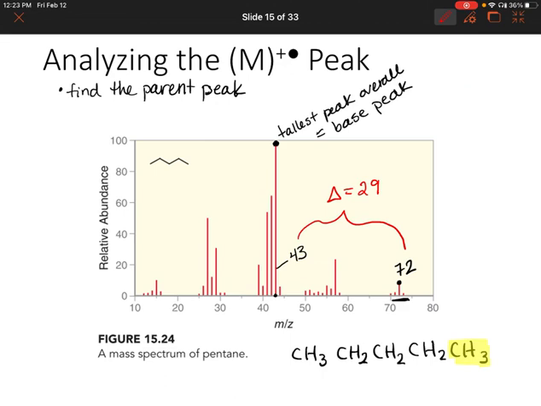So 1 carbon plus 3 hydrogens would equal 15. Okay, what if we lost an ethyl group? What would the mass be for that ethyl group fragment? So 2 carbons plus 5 hydrogens equals 29. Okay, so it looks like this change in mass of 29 is due to the loss of an ethyl group.